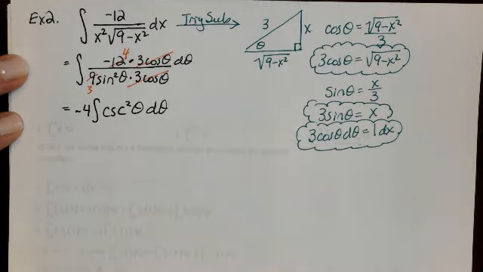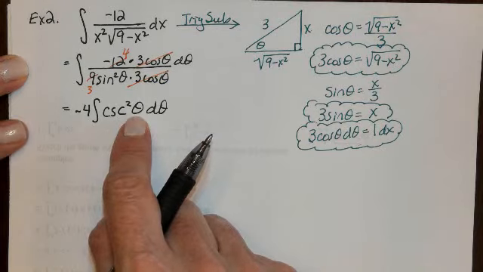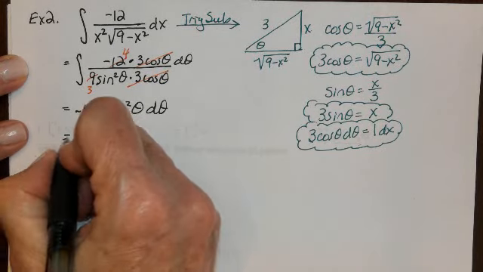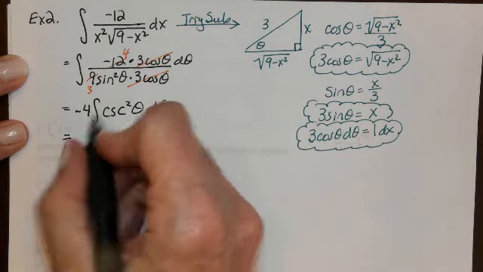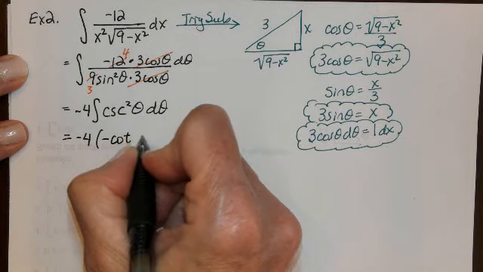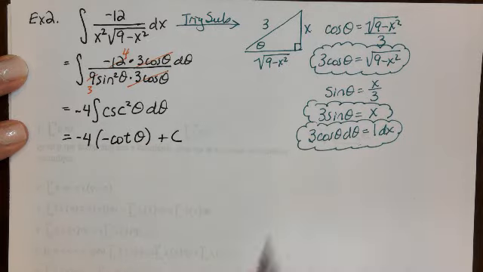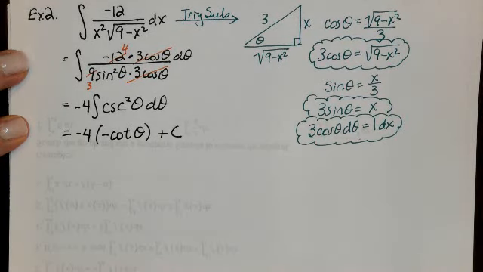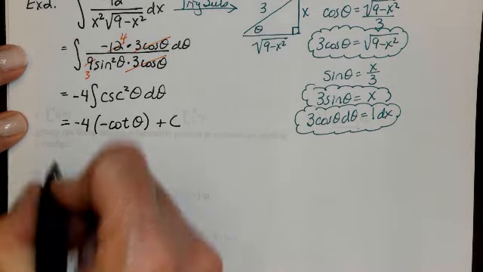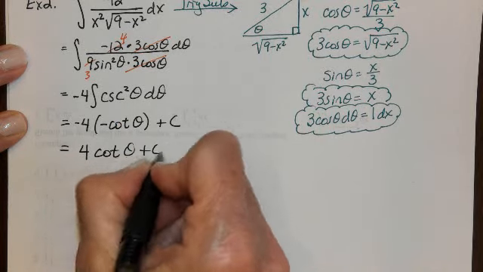Do we know a trig function whose derivative is cosecant squared? Yes, we do. Cotangent, right? Negative cotangent. So this would be negative 4 times negative cotangent theta plus c, which is 4 cotangent theta plus c.